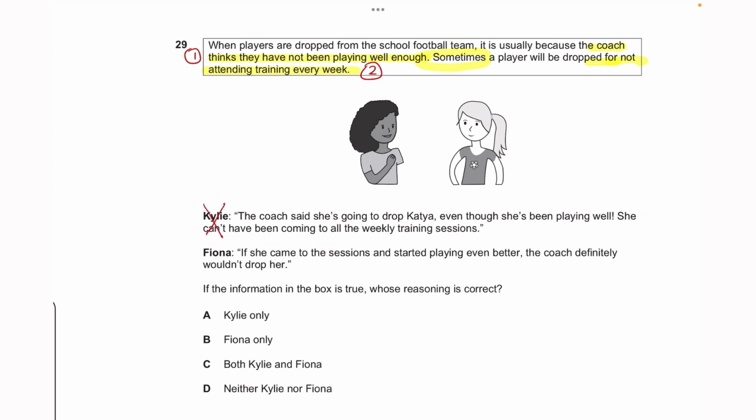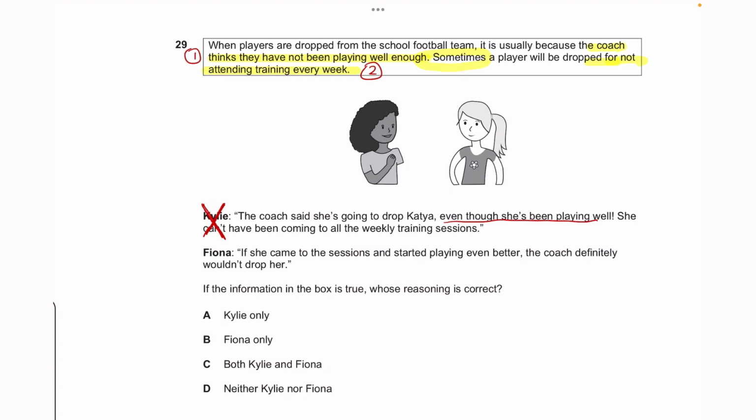Because we can't really measure the scope of what it means to play well. That's entirely up to the coach's decision. So even though she's been playing well, we're not too sure that she can't have been coming to all the weekly training sessions. And so that's why Kylie's reasoning is incorrect, okay?